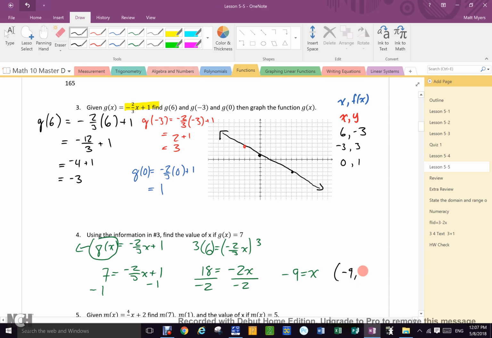No, what number did you use? 7. Oh, it's right. So, where is that? I go out to negative 9. 1, 2, 3, 4, 5, 6, 7, 8, 9, and up. 1, 2, 3, 4, 5, 6, 7. And oh my good gravy, it would be right on the line.